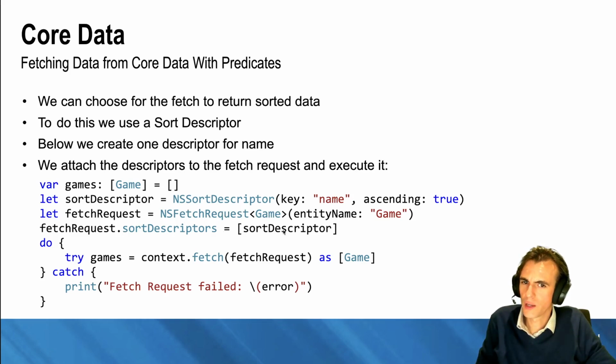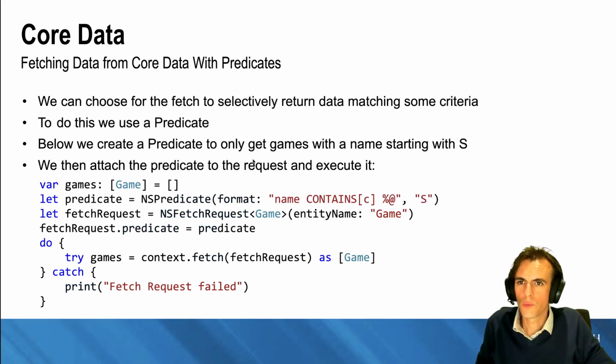This is actually an array, so we give it one here for name, but you could sort primarily on name, and then if the names match, you could sort on something secondarily. So you can give it an array of multiple sort descriptors if you like. From then on, the code looks the same. We ask the context to perform the fetch, and we pass it the particular fetch request, and we cast it to our array of games.